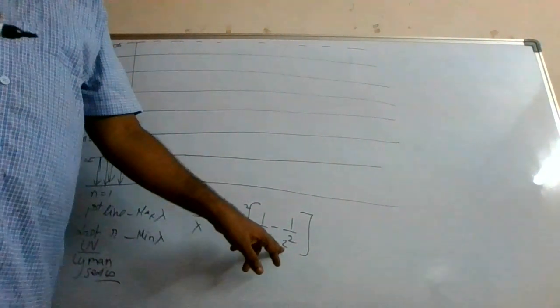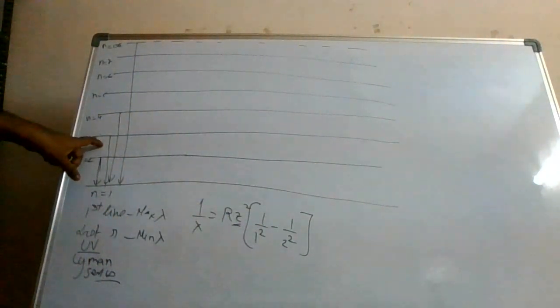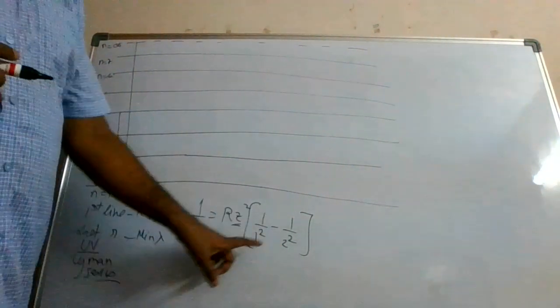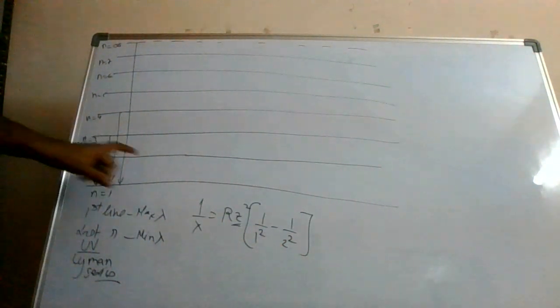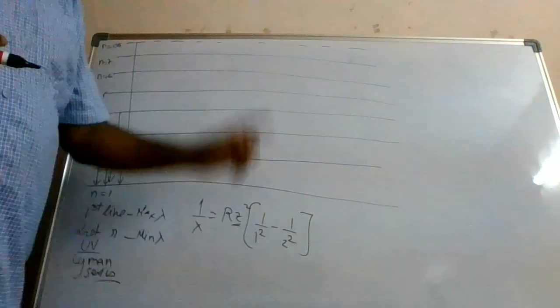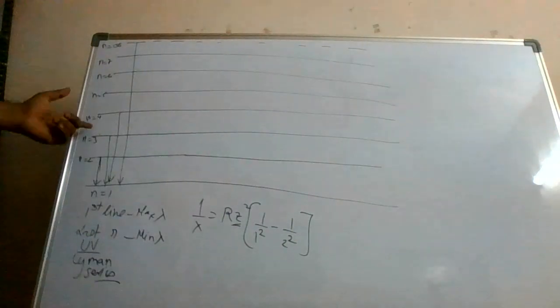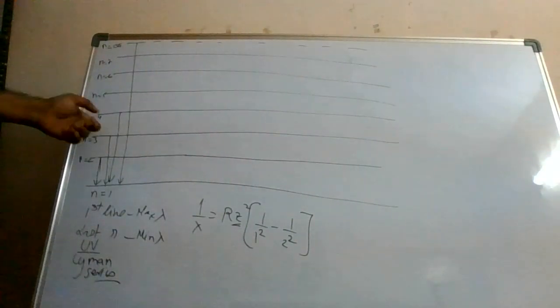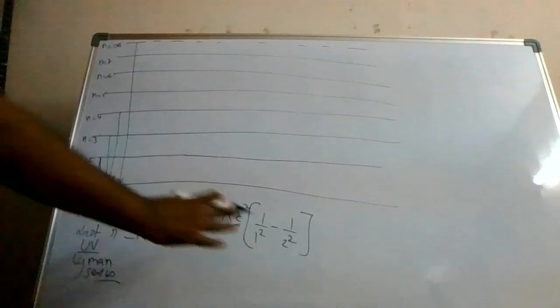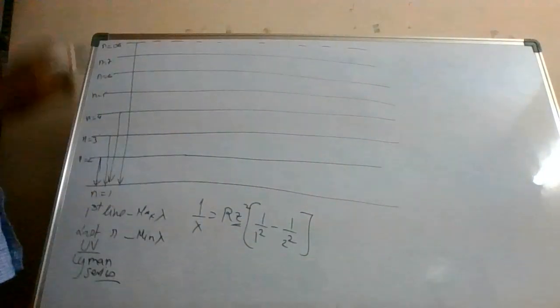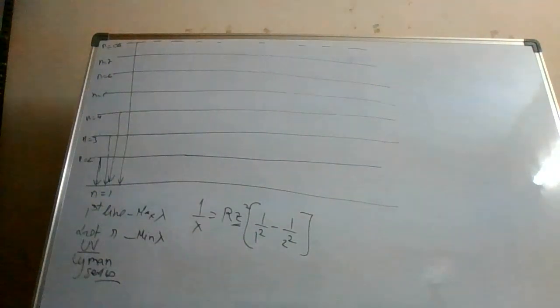In the place of 2, if I put 3, I get the second line, because this will be common. From the second orbit to the first orbit, it has jumped. If I put 3, from the third orbit to the first orbit, it has jumped. So that is the second line. Similarly 4, similarly 5, and so on up to infinity. What I have written here is a specific wavelength, the maximum wavelength in the Lyman series.